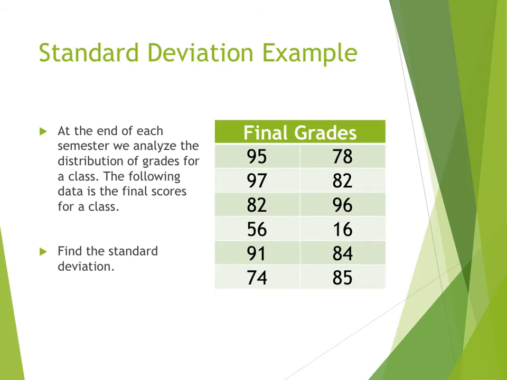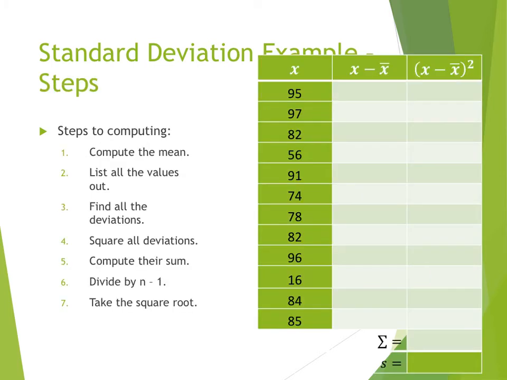So we're going to find the standard deviation of this final grades example. Here we're going to walk through step by step doing standard deviation by hand, and then I will do a video of how to also do it in Excel. So the first thing that we have to do is compute the mean to find our standard deviation.